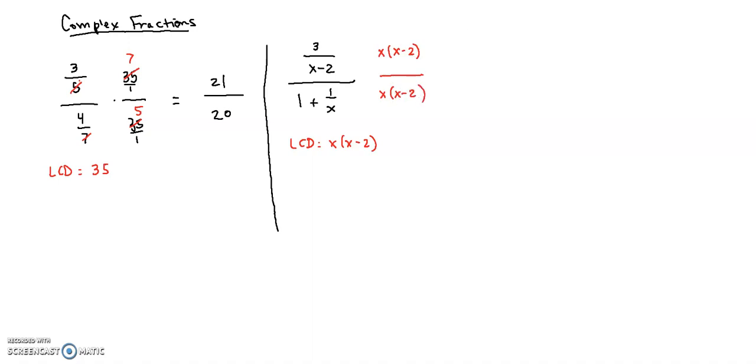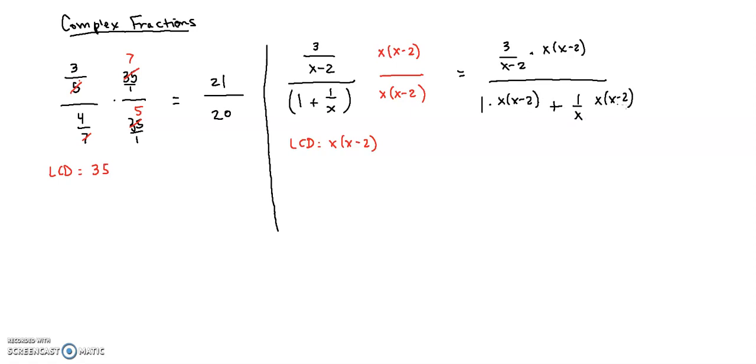Now when we do that, we're going to have to distribute, because now we've got two things here. So on top we get 3 over x minus 2 times x times x minus 2. On the bottom we get 1 times x times x minus 2 plus 1 over x times x times x minus 2.